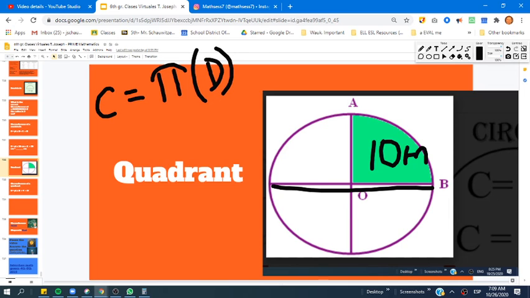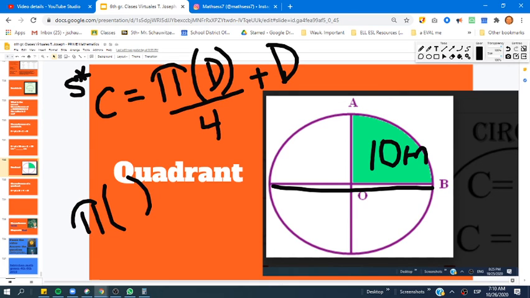This time we're going to need to divide by 4 because it's a quadrant. Okay, and then we're going to have to add the diameter one more time. So my diameter is 10, pi times 10, and then we're going to divide by 4, and then we're going to add our diameter one more time.